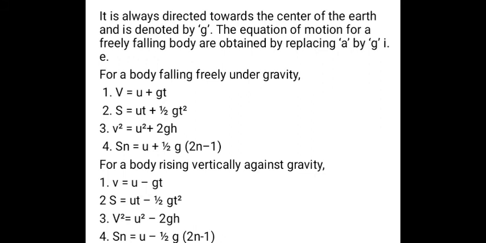The second equation s is equal to ut plus half at square becomes s is equal to ut plus half gt square. And the third equation v square is equal to u square plus 2as becomes v square is equal to u square plus 2gh.